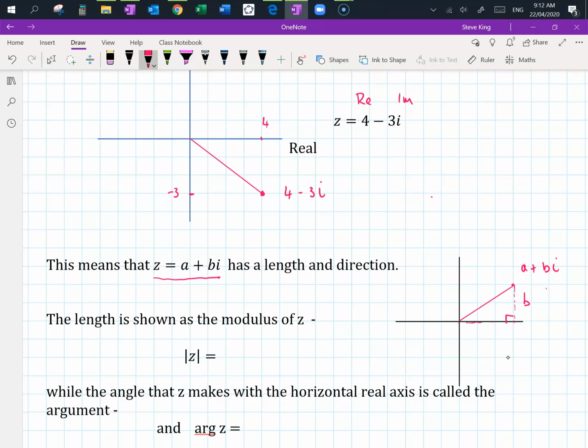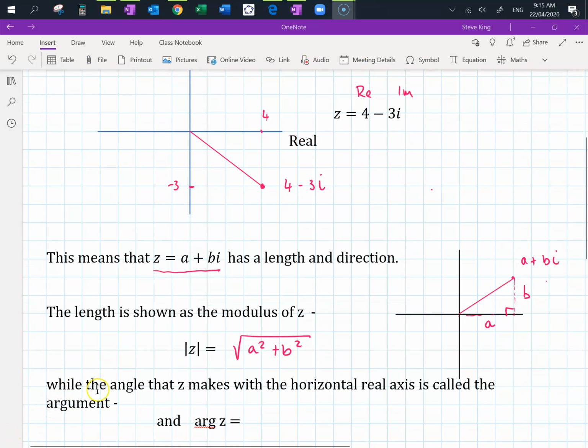This component up over here is b, that component over there is a, and so the modulus of this point, the length that is away from the origin, will be determined using Pythagoras, and it's going to be the square root of a squared plus b squared. So the imaginary component squared plus the real component squared, all inside the square root. And I'm going to keep that as a positive amount because I'm dealing with it as a distance.